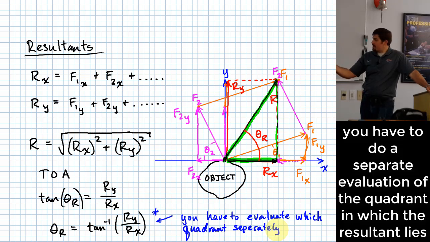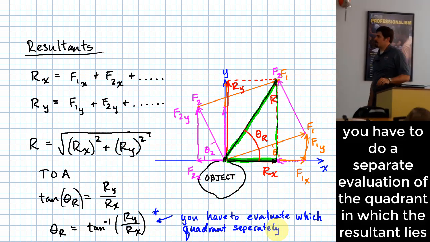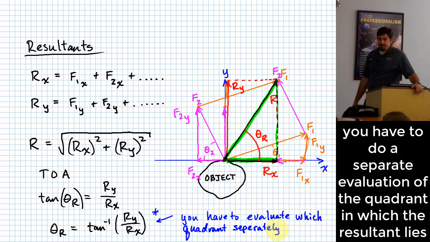And so you'd end up with the exact same output of your inverse tangent function, even though you're in quadrant 3 instead of quadrant 1. So this is a separate step that you have to do in order to evaluate your quadrant. You have to look at the individual signs, as my algebra teacher used to say, of your two components that went into your inverse tangent function. We'll probably do some examples like that eventually.